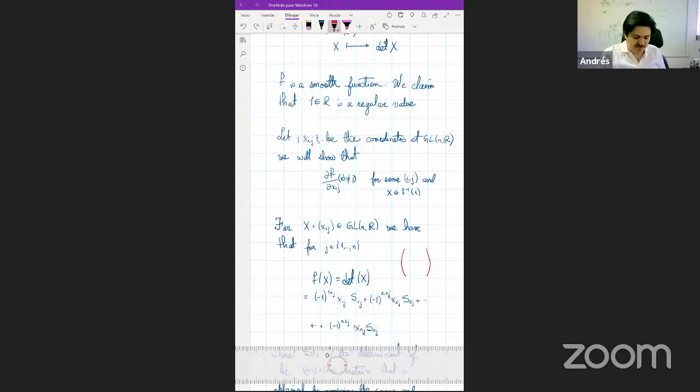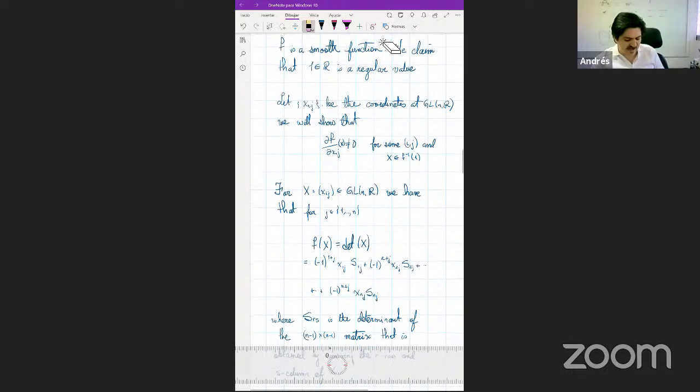Like something that you maybe saw in calculus. So that's the formula that I'm using here.